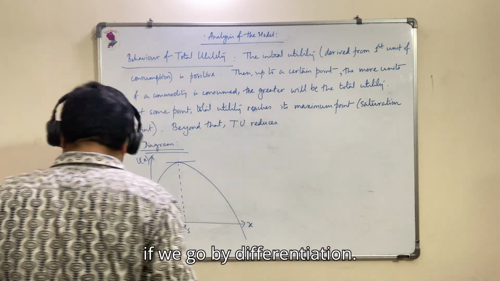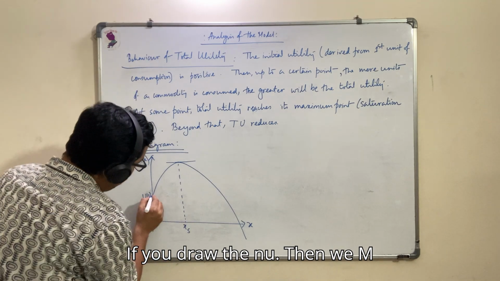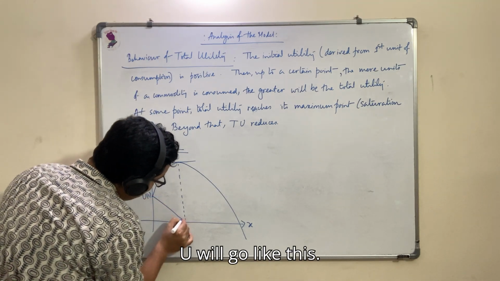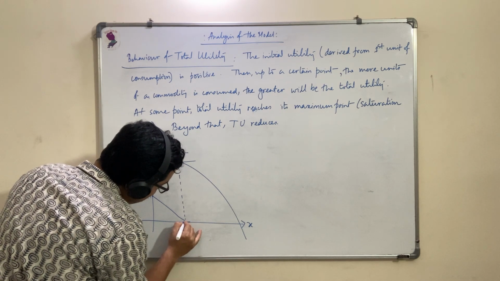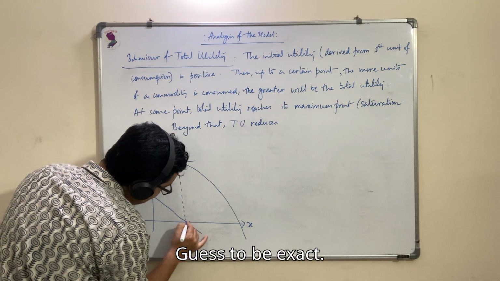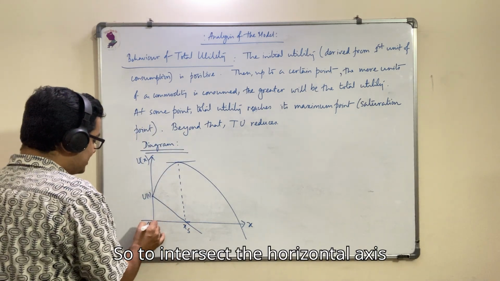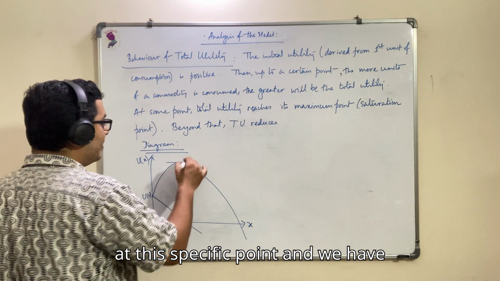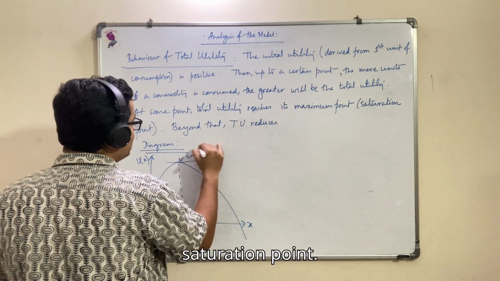And if we go by differentiation, if we draw the MU, then the MU will go like this, just to be exact. So it will intersect the horizontal axis at this specific point, and we have called it the saturation point.